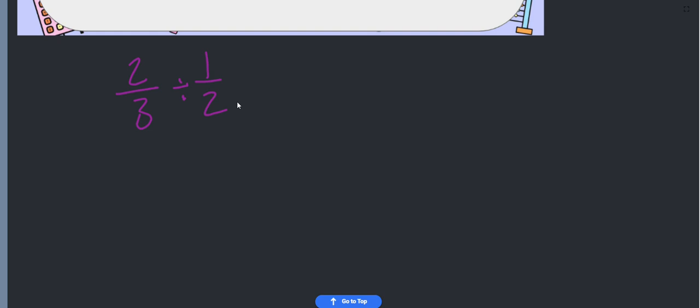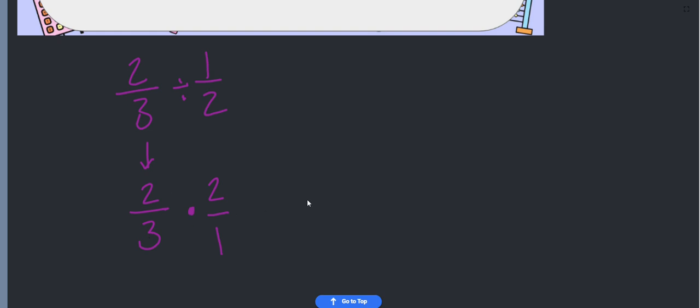Flipping is like the reciprocal, changing the numerator and denominator. So how this works is we keep the first fraction as 2/3. We change the division into multiplication, so I'm going to put my dot there, and then we just flip the fraction to get the reciprocal. The reciprocal of 1/2 is 2/1.